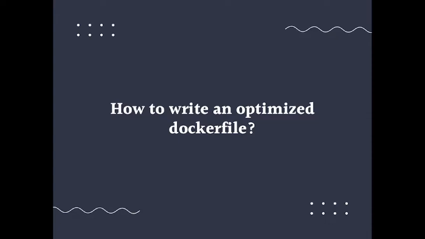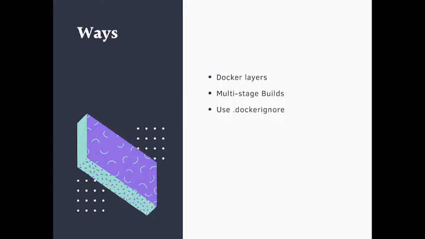We have some ways to do so. First is Docker layers: we can utilize the Docker layers and their caching. Second, we can use multi-stage builds. And third, of course, we can ignore files, just like we have .gitignore, we have a .dockerignore file as well, so we can utilize that.